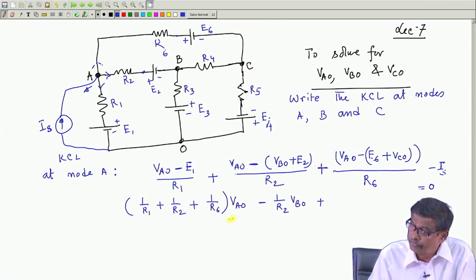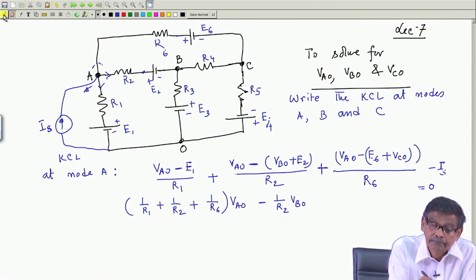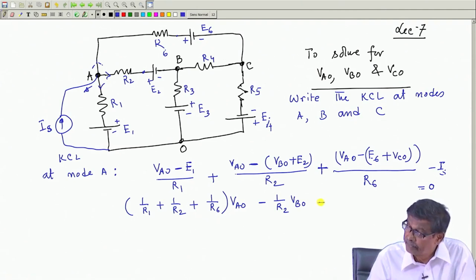The sum of all the currents coming out is 0, so this once again will be minus 1/R6 into VCO.